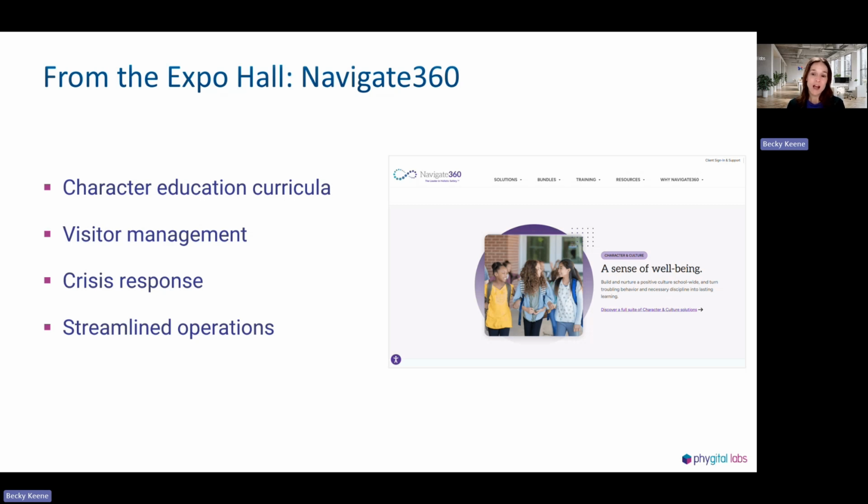What does it mean to be kind? What does it mean to be compassionate? What does it look like to use metacognition? Like, what do these words even mean? We know in our media, in our world, that we're kind of seeing some character cracks, and that comes from a wide variety of sources on the internet, and we'd like to bring that back. So I wanted to highlight Navigate 360.